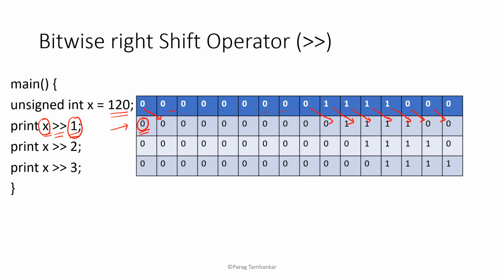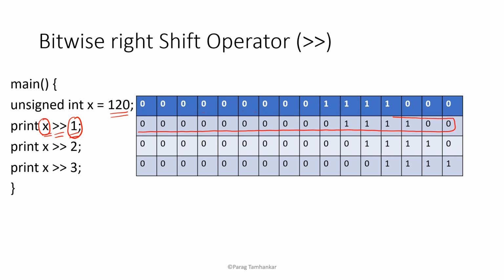So once you shift each bit to the right by one position, you get a new binary number, and this is the new binary number which you get.